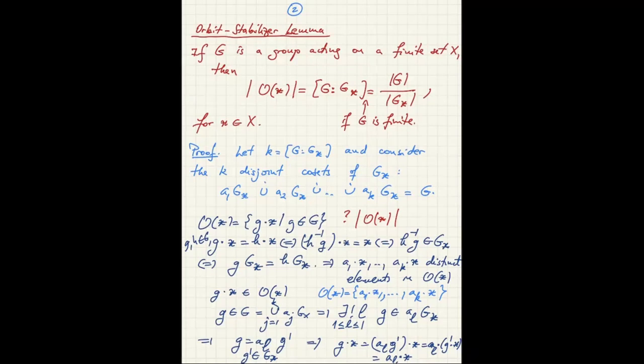Okay, so now let's do some examples to get more familiar with these concepts. So let's say the group G is S4, the symmetric group of permutations on 4 elements, and X is a set of 4 elements.